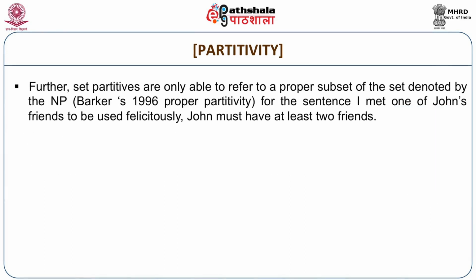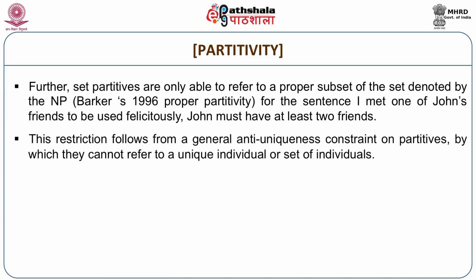Furthermore, set partitives are only able to refer to a proper subset of the set denoted by the NP. For example, in the sentence, I met one of John's friends, to be used felicitously, John must have two friends. This constraint follows from a general anti-uniqueness restriction on partitives, by which they cannot refer to a unique individual or set of individuals.